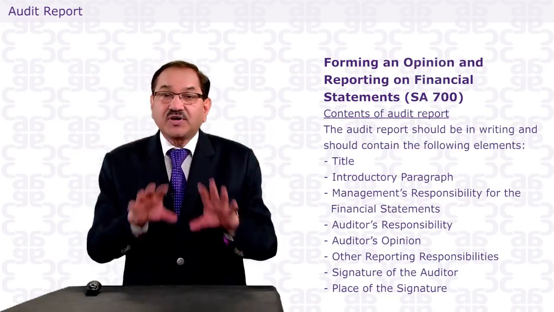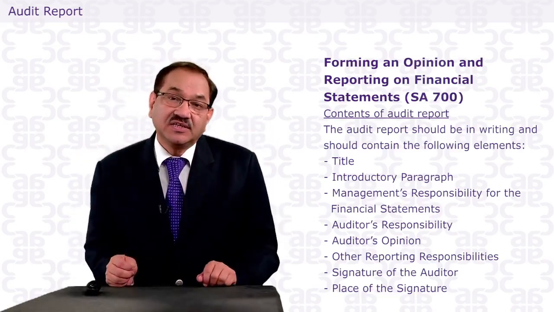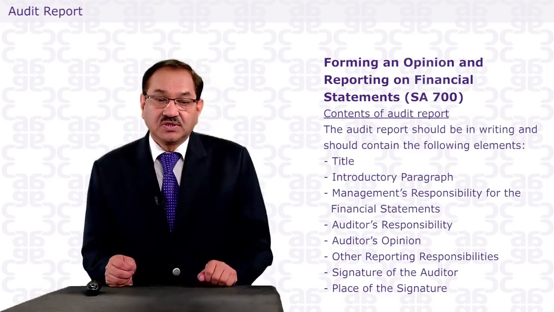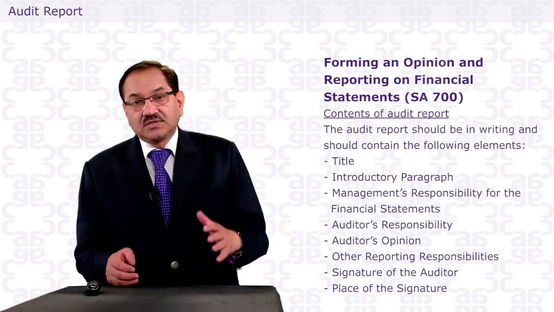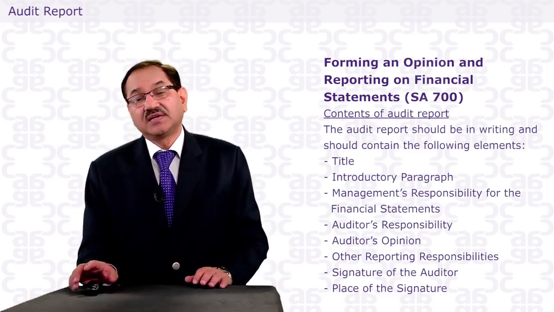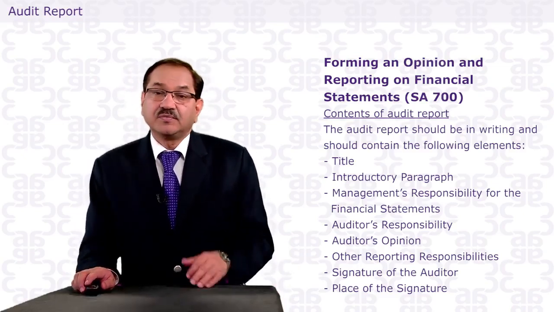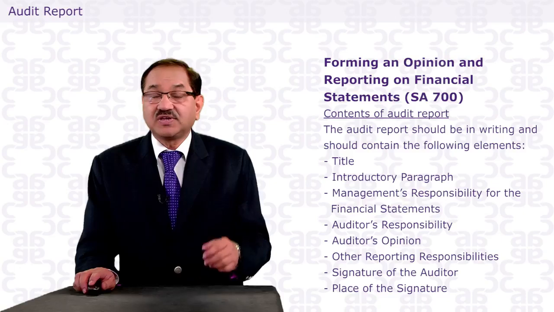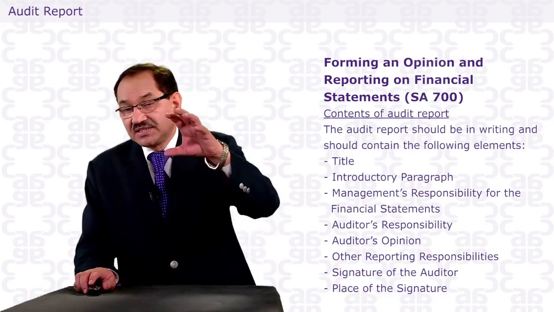So that's the importance of the date attached in the auditor's report. The place he has to write, and that will be the place and the date, and basically these are the contents of the audit report.